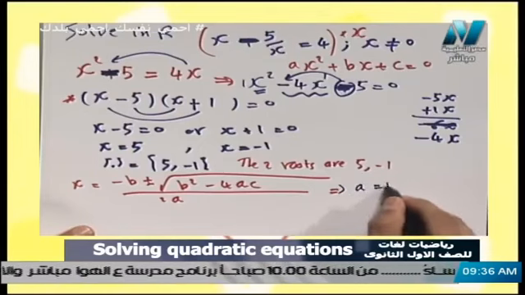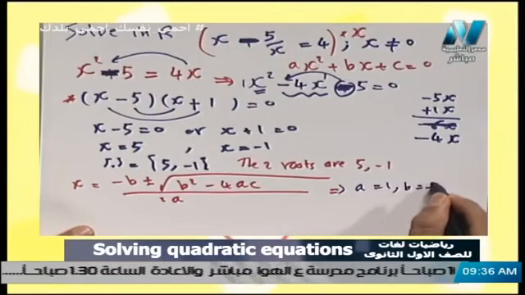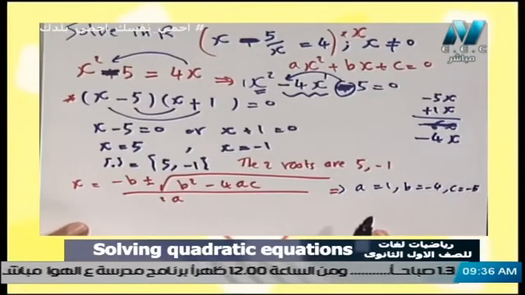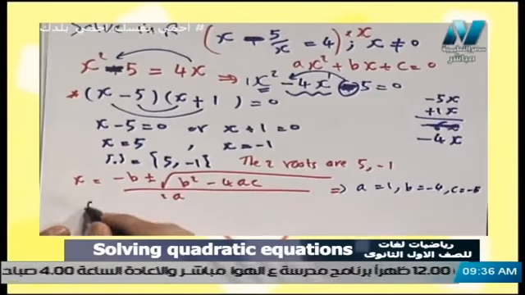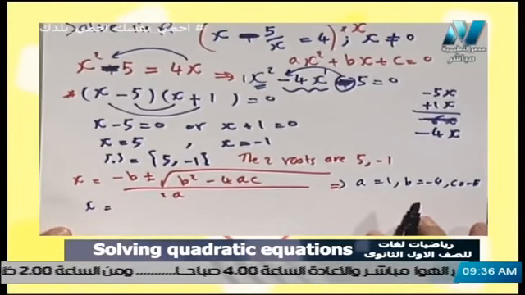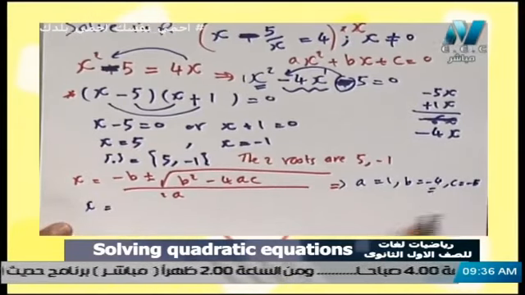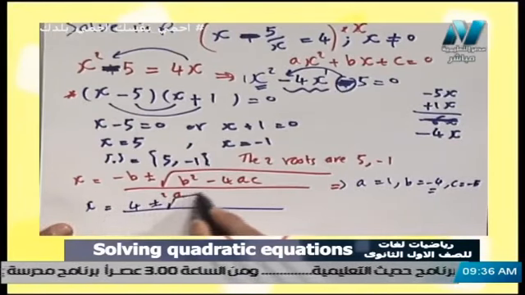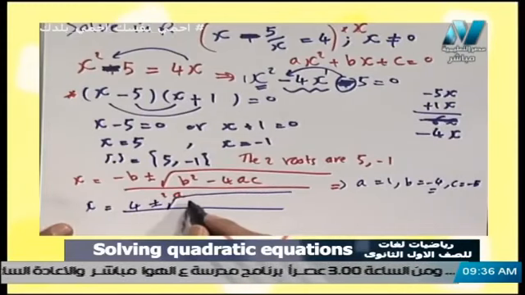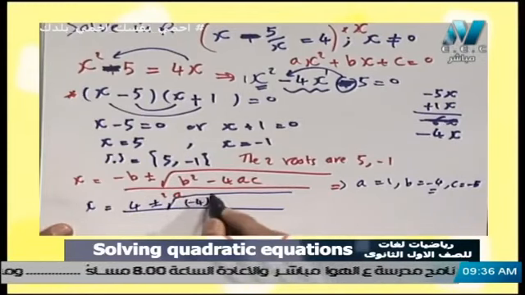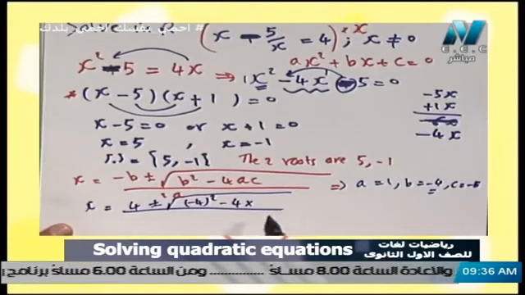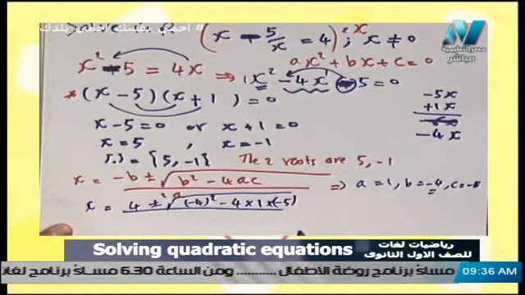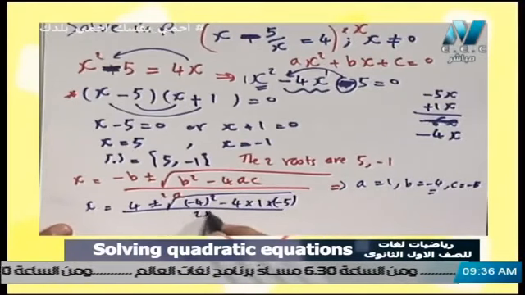Then by substitution we have x equal negative b, meaning the converse of negative 4, it will be 4 plus or minus square root of b power 2, meaning negative 4 all power 2, minus 4ac, a is 1 and c is negative 5, put it inside bracket as we said before, over 2 times 1.